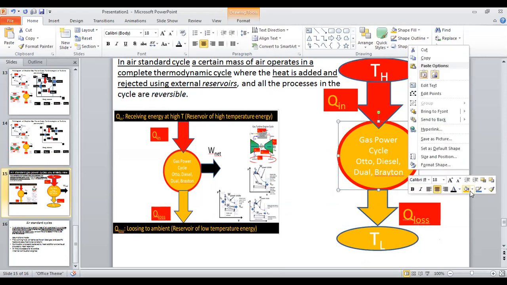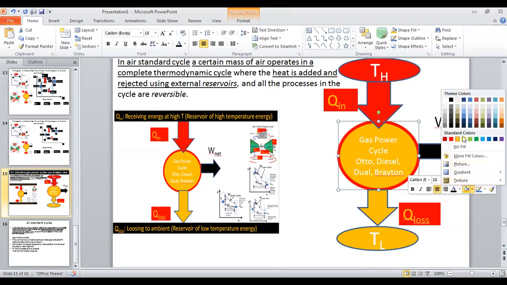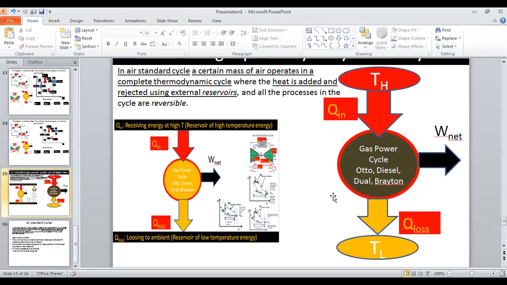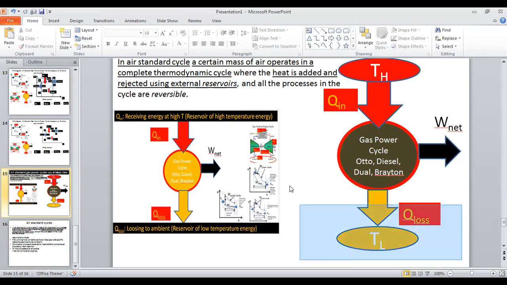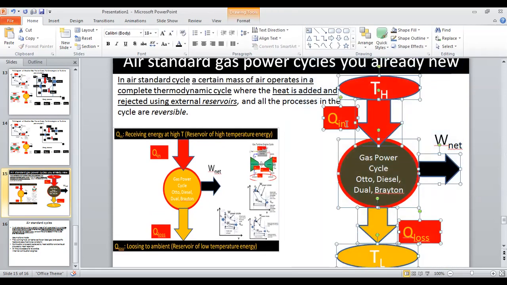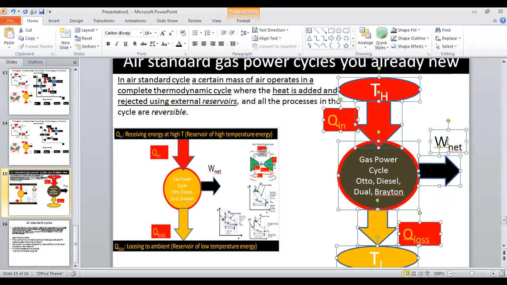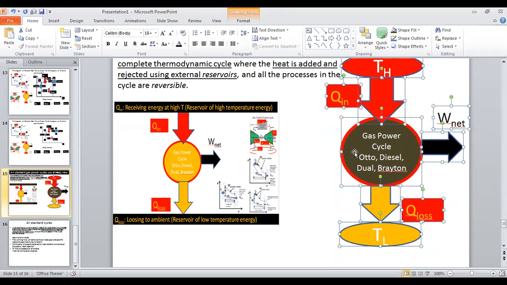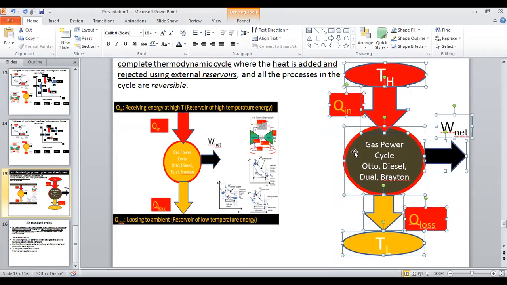This one maybe I will use. Yes, this way is okay. So that's the light one. So understand this with this model.